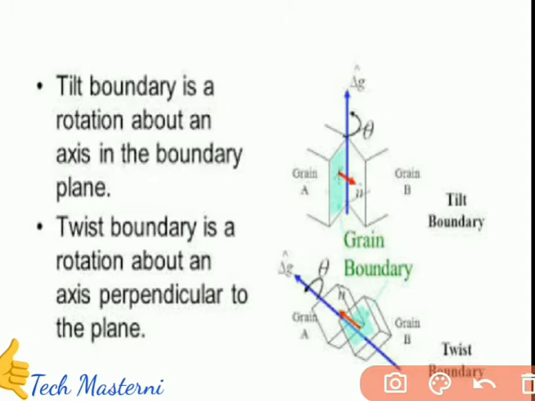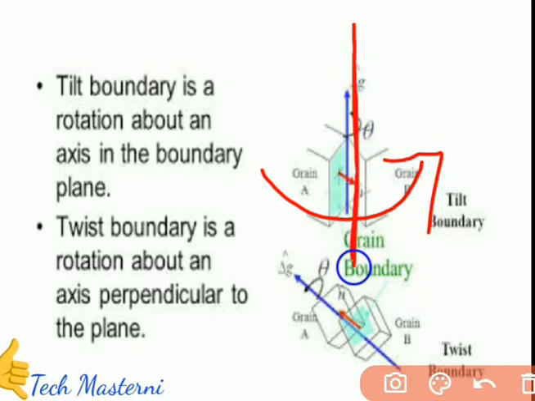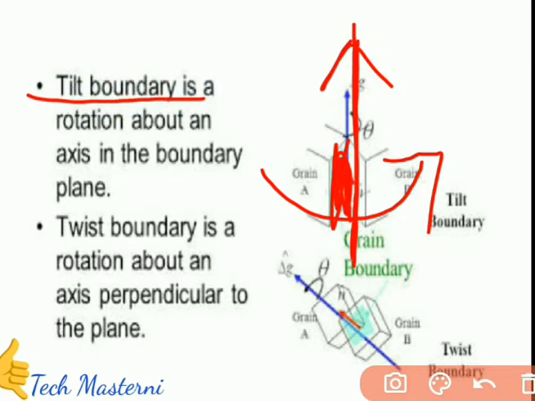Here, the rotation happens in this direction. So, the rotational axis is this. And the plane axis and the boundary axis are also this. So, there is a parallelism between the rotational axis and the boundary axis. So, it is called tilt boundary.